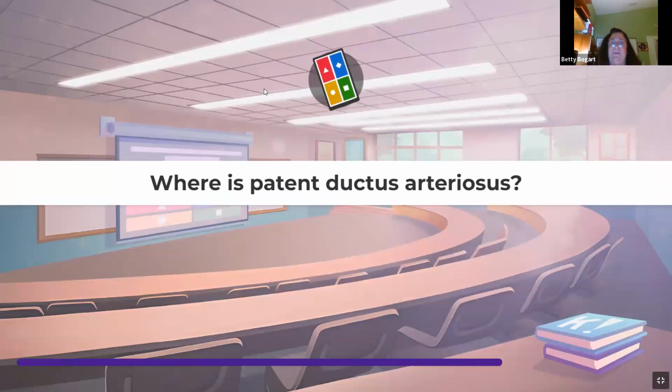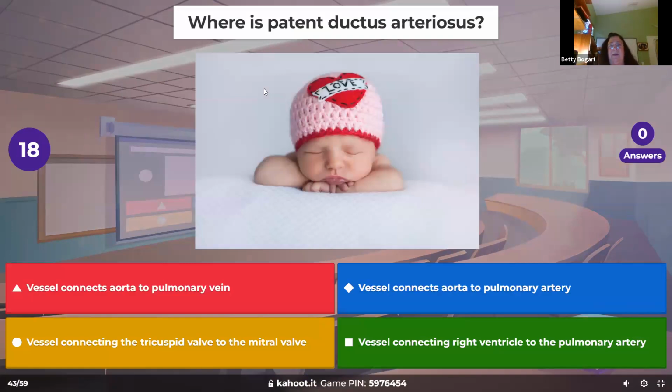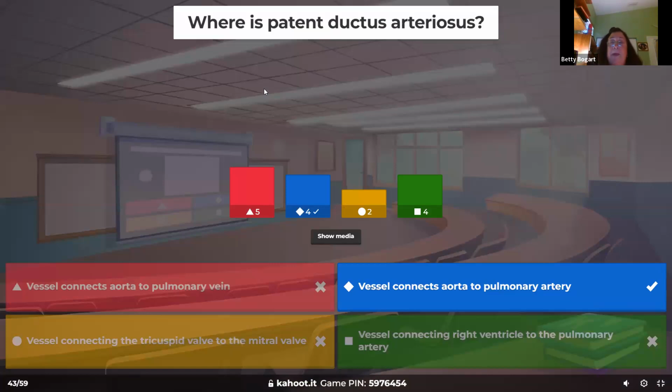And that's what that is all about right there. Where is the patent ductus arteriosus? What does it connect? So the patent ductus arteriosus connects the lungs to the body, or the pulmonary artery to the aorta, okay?